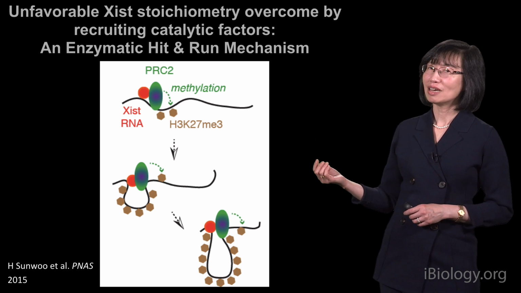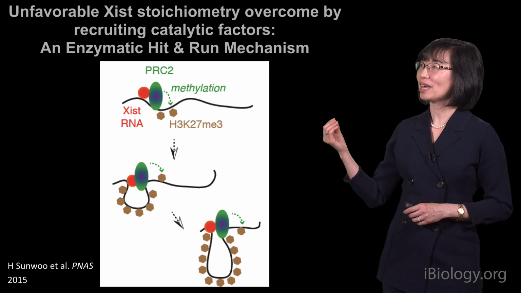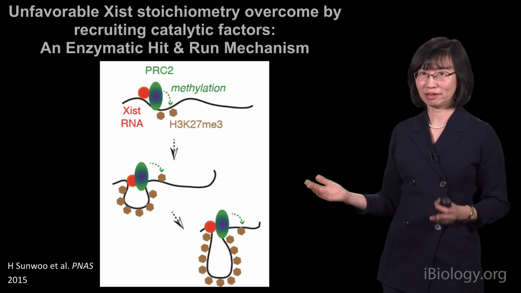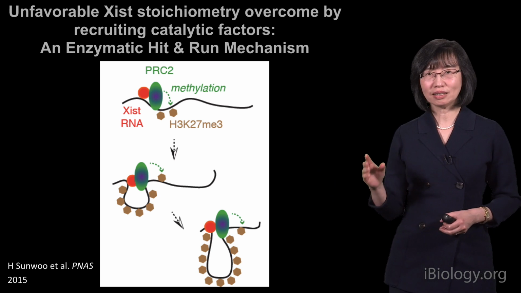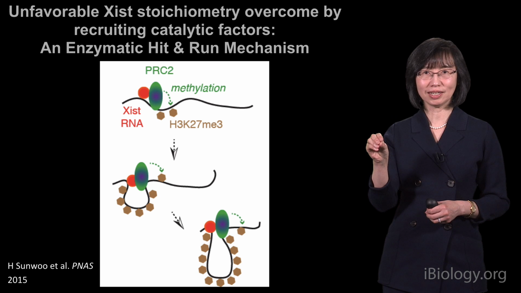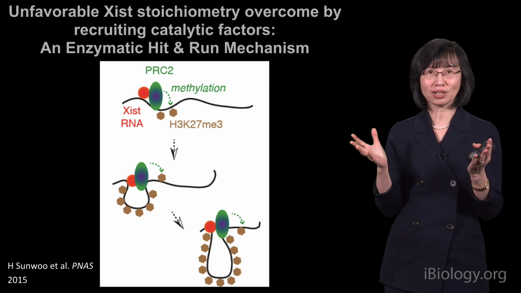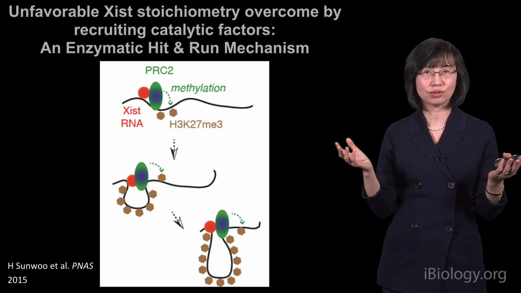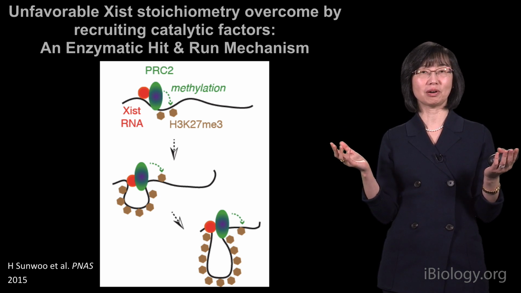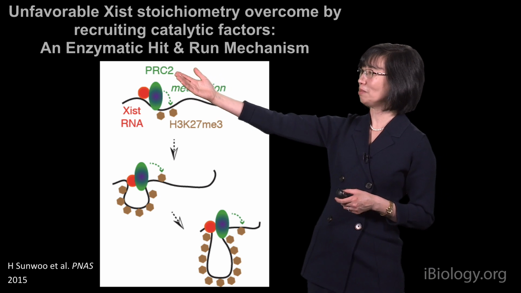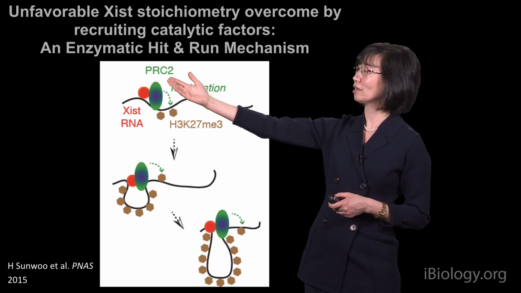And we envision that these factors use a hit and run mechanism to silence the entire chromosome in an efficient manner. So again, Xist first binds to the inactivation center, nucleates at that site, recruits all these factors, and then spreads in 3 dimensions to about 100 sites located across the chromosome. And then at these secondary sites, we're taking as an example here PRC2, but there are many other catalytic factors.